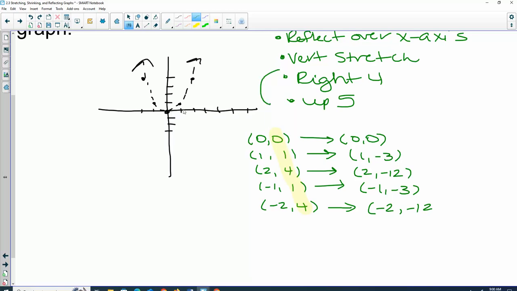So right 4, up 5. If I take my 1, 1, it's getting moved to 1, negative 3. Take that right 4 and up 5.